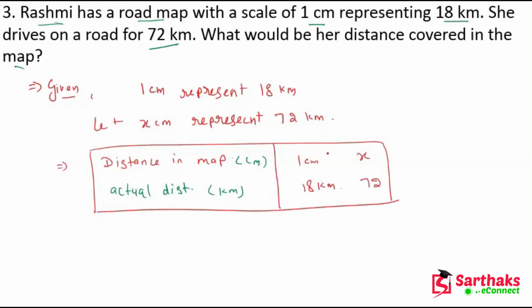We can easily find it with the help of proportions. Now we have to check whether these two variables are in direct proportion or inverse proportion. Here, as the distance on the map increases, the actual distance also increases.